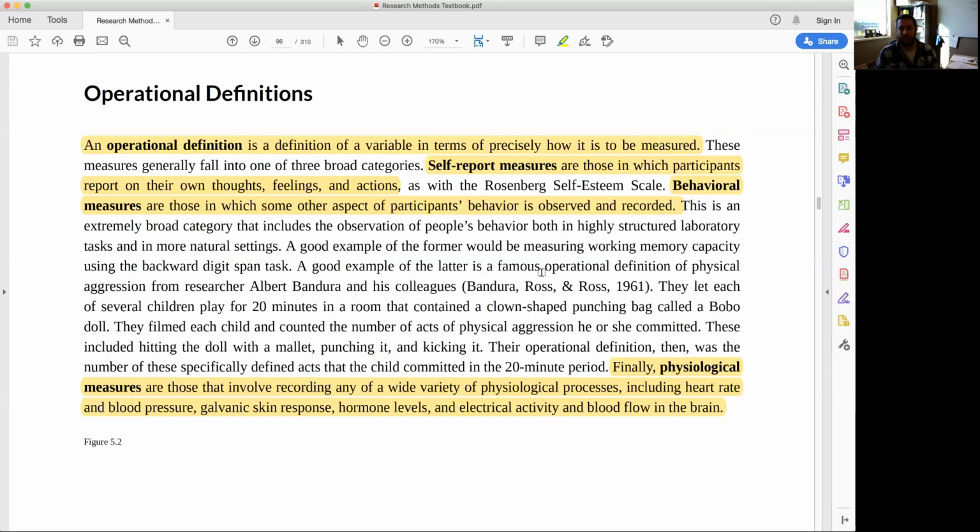One is self-report measures. This would be an example of the Big Five or the Beck self-esteem scale listed in the book, where you give a measurement to your participant, they fill it out, and then based on how they fill it out, you put them into the different categories. Now, we'd like to think people are being honest when they complete these things and they're not being swayed or biased or anything like that.